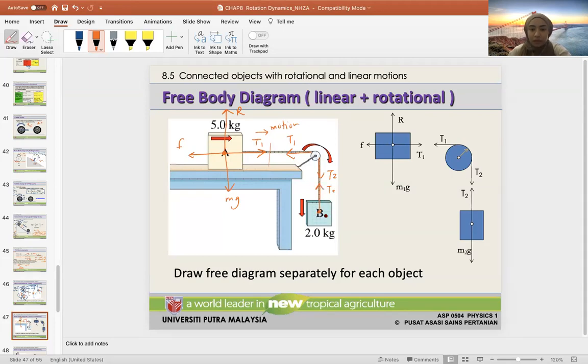And this one is mg. This box has no reaction force and no friction. Both of these are contact forces, whereby you need a surface to have these two forces, reaction and friction. Since it is in mid-air, you don't have R, you don't have friction. Contact forces, sorry.